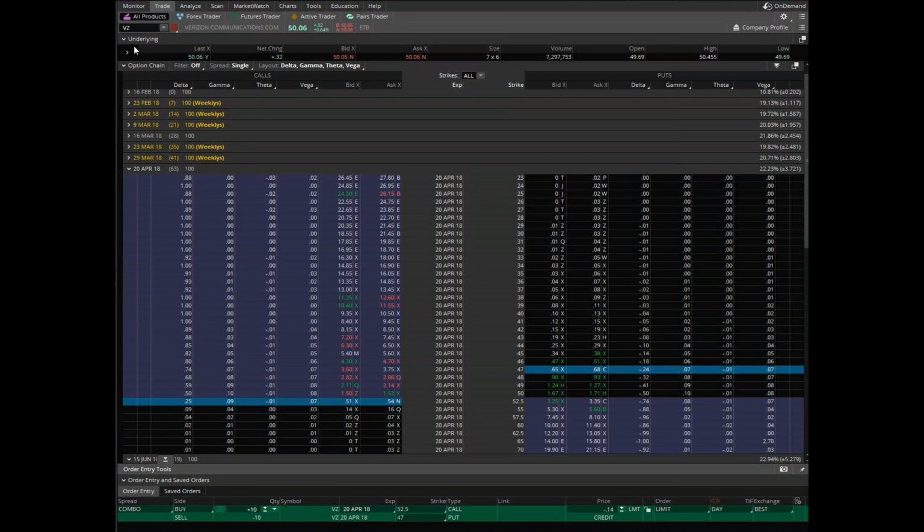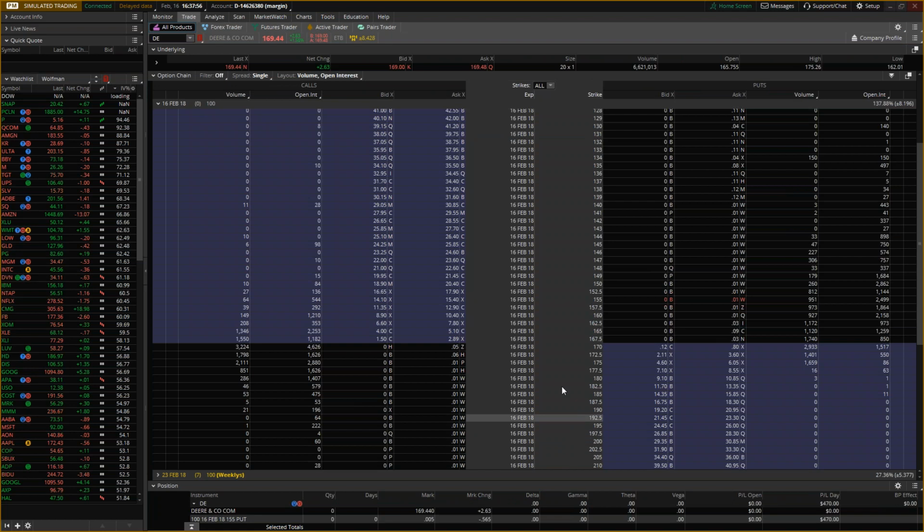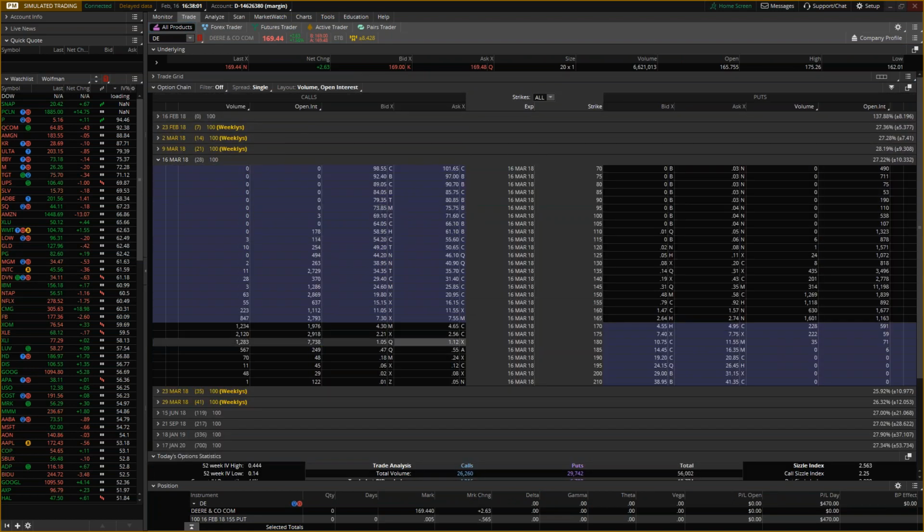All right. The other thing is, if it's over a $100 stock, let me try and find one with the real platform. If it's over a $100 stock, okay, Deer, I have this left over from an earnings trade that I did. So Deer, it's a $100 stock. So we go to the 28 days.